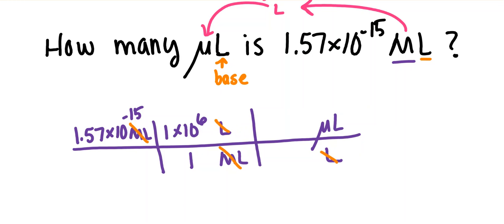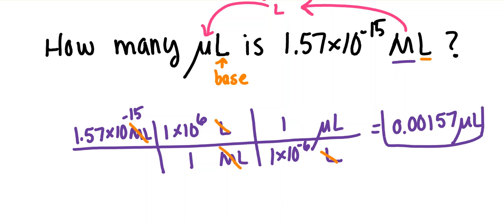I'm going to fill in my numbers. 1 microliter is 10 to the minus 6 liters. Okay, and that's what I get.